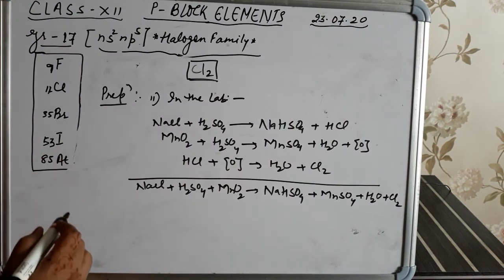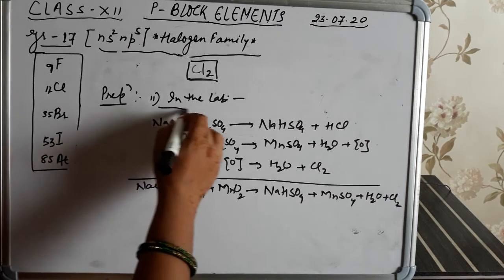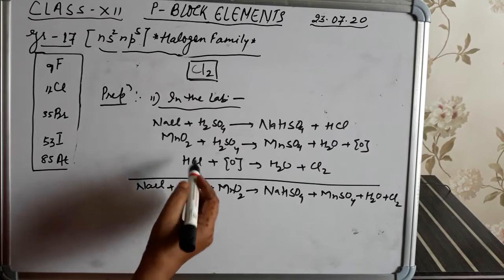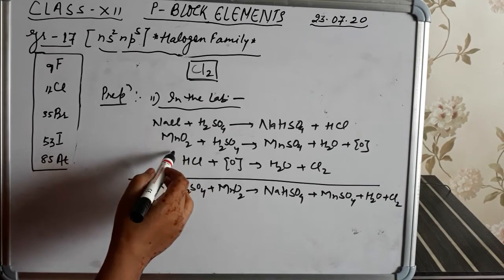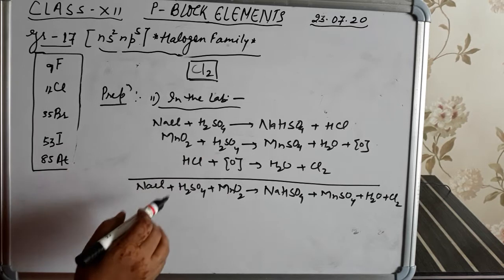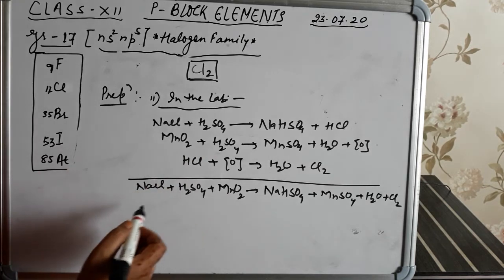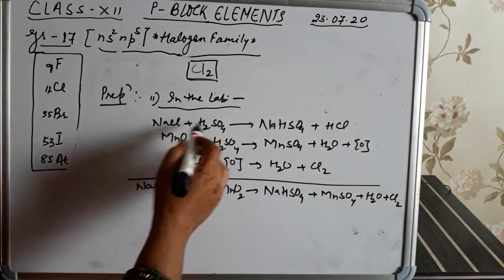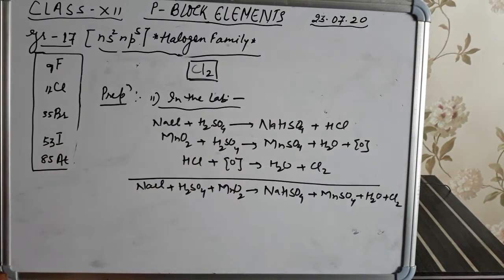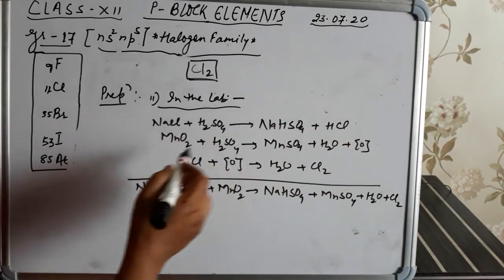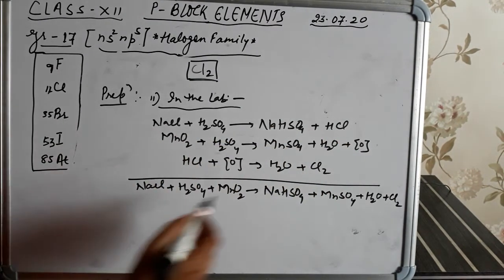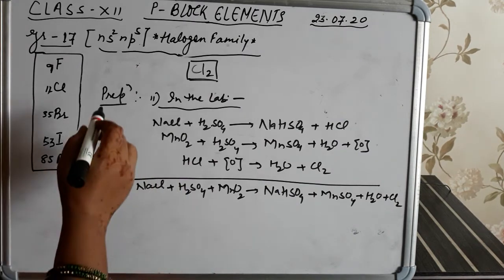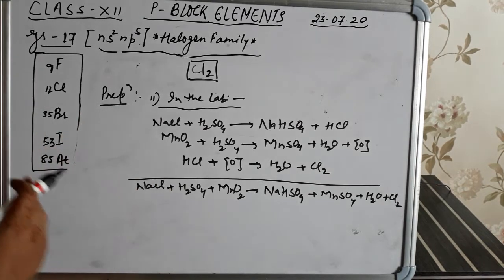So in this method we can prepare chlorine in the laboratory. So simply by heating the mixture of NaCl, MnO2 and conc H2SO4, the HCl produced is oxidized by MnO2. During this reaction, once this is heated, it produces HCl, and this HCl is treated with MnO2 to form chlorine gas. Means the HCl produced is oxidized by MnO2 and the formation of chlorine gas takes place.